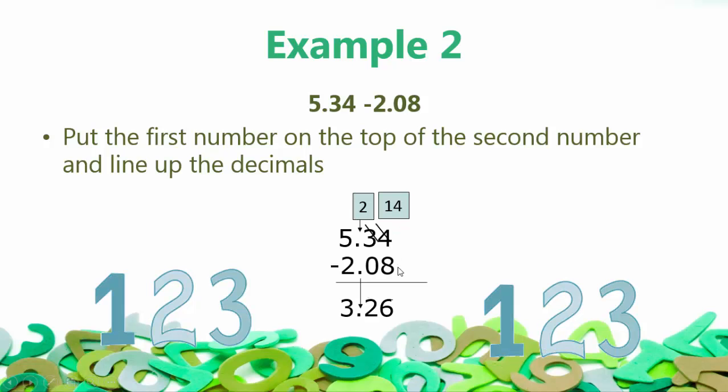So 14 minus 8 is 6. 2 minus 0 is 2. We bring down the decimal. 5 minus 2 is 3. We end up with 3.26 as our final answer.